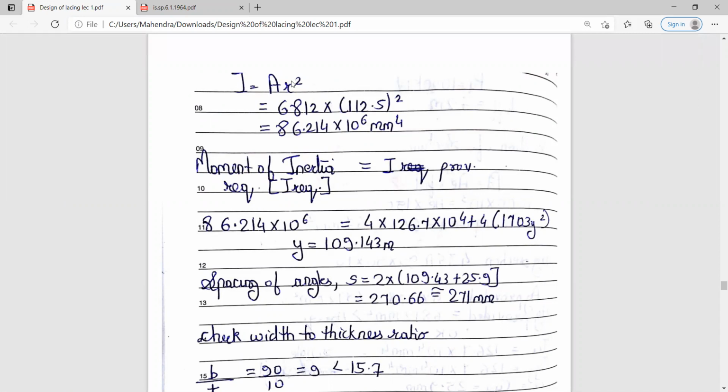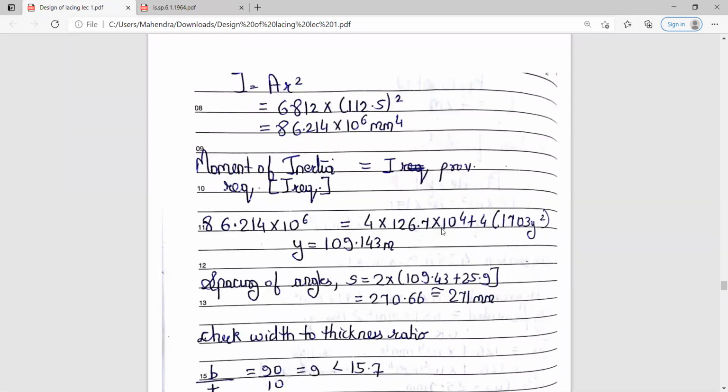Then you need to calculate the value of y. For that, moment of inertia required will be equal to moment of inertia provided. Moment of inertia required you just calculated, that is 86.214 into 10 raised to power 6. And how will you calculate I provided? That is 4 into I. Why multiply by 4? Because you have 4 angles, and I you got as 126.7 into 10 raised to power 4 from the steel table.